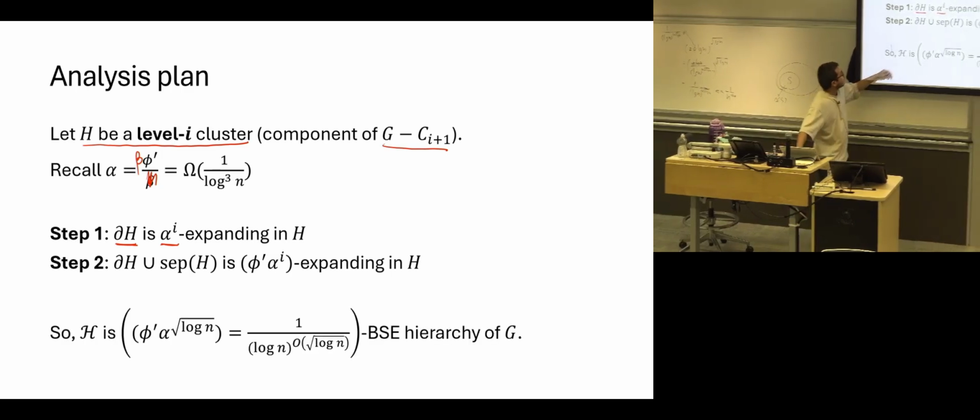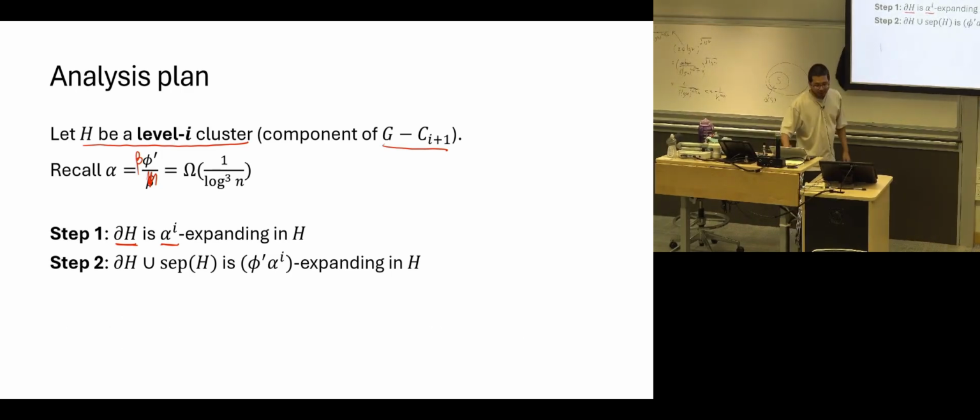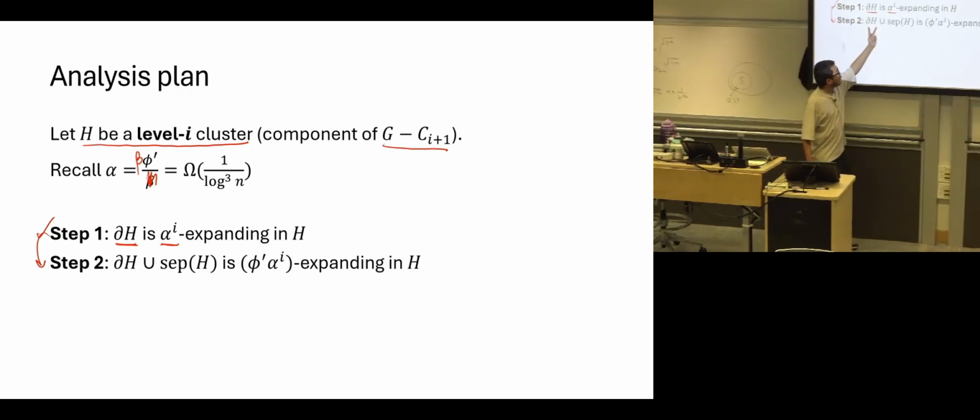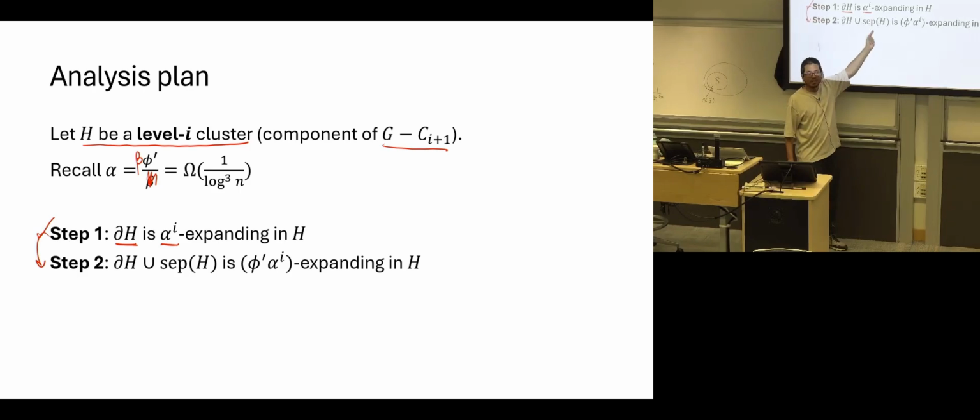The analysis here we don't need, but it's kind of a warm up for step 2. But once you have step 2, we are done. Once you have step 2, it really just means that for every cluster in our hierarchy, its boundary and its separator is expanding.